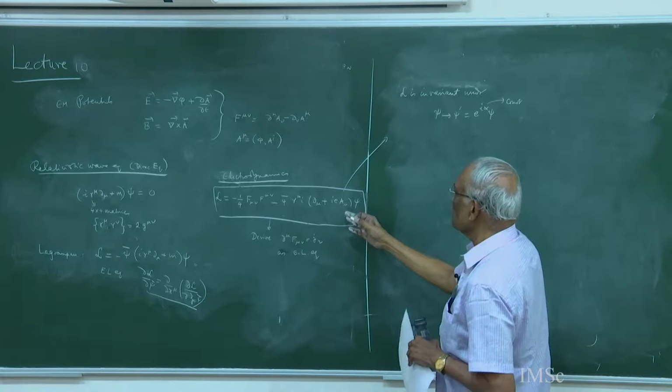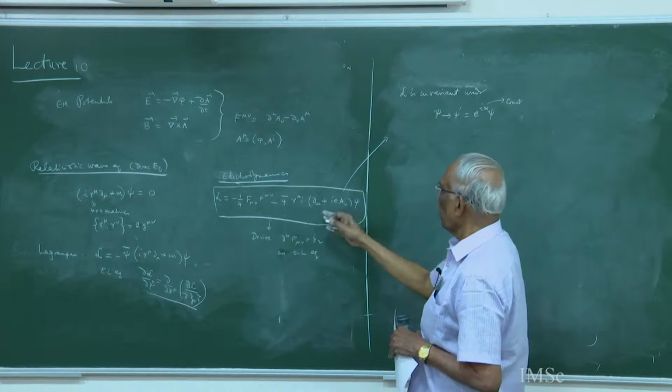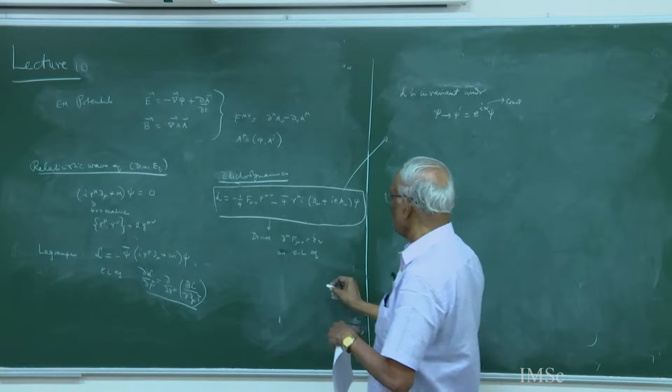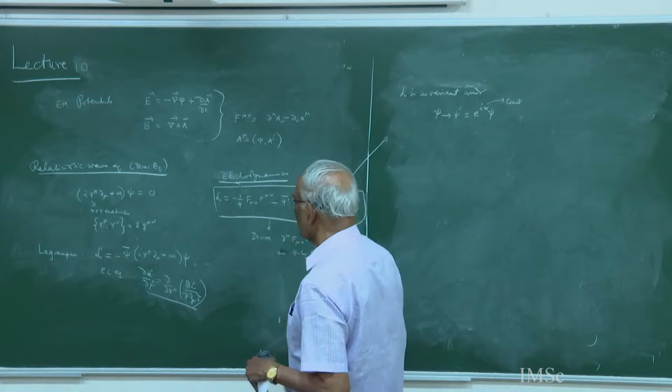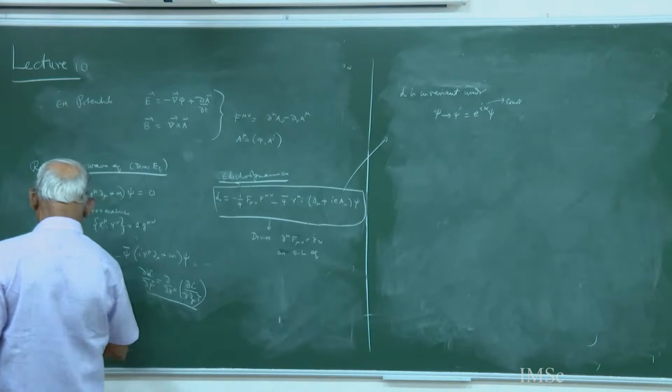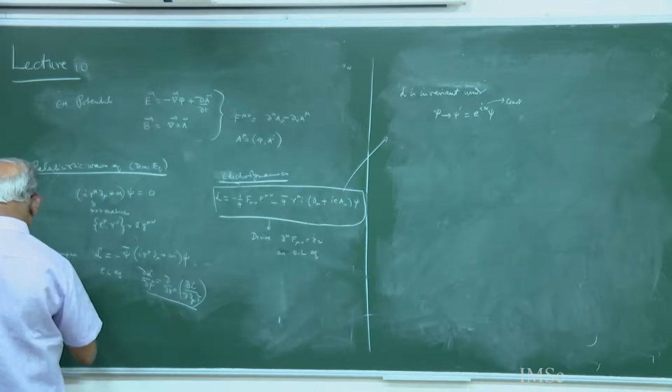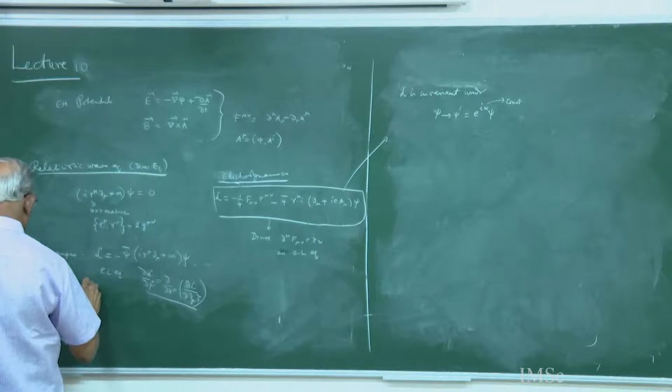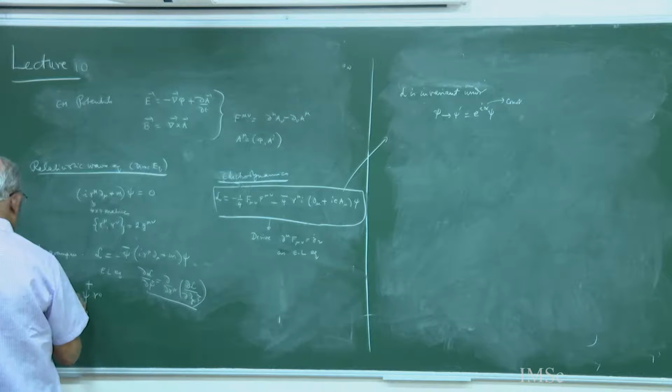This is trivially invariant because psi bar, remember, is the Hermitian conjugate times one of the gamma matrices, namely the zeroth component. That is the definition of psi bar.